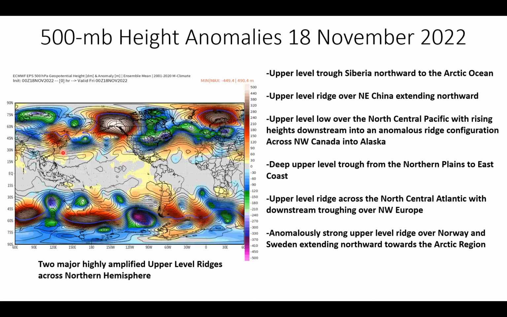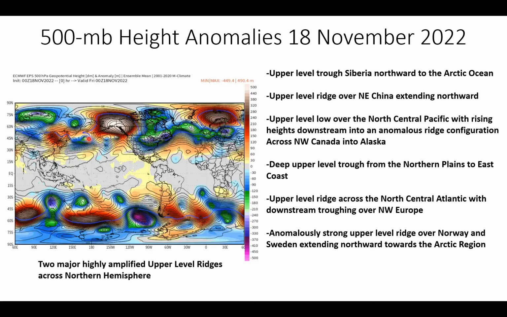What we're looking at, as I brief this from west to east, we start off with the upper level trough feature over Siberia, extending generally northward to the Arctic Ocean. There's an upper level trough in this area here in the upper left portion of the graphic. Working our way eastward, we see an upper level ridge over northeastern China, and that is extending northward.